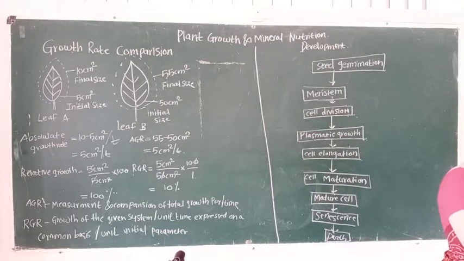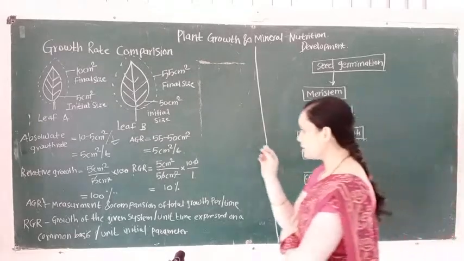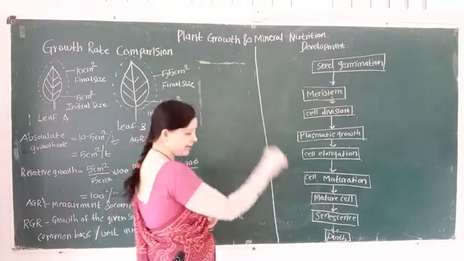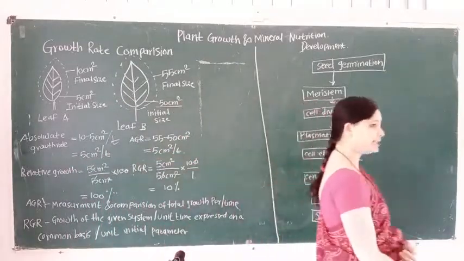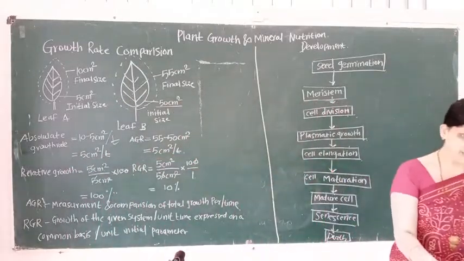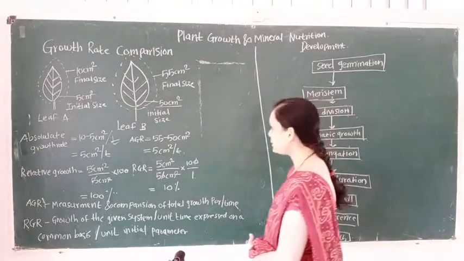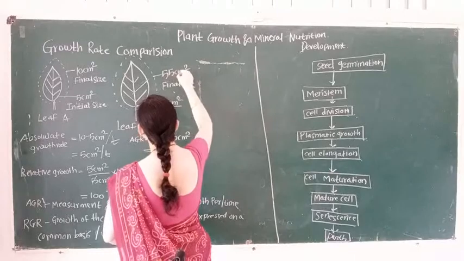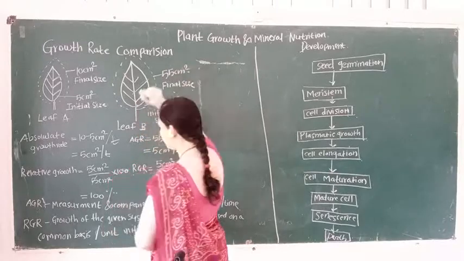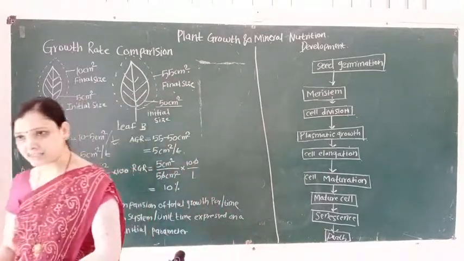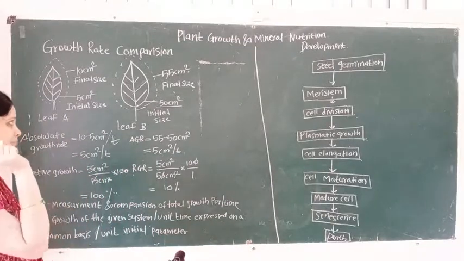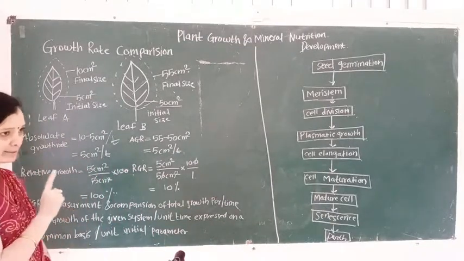In leaf B, the initial size is 50 centimeter square, and the final size is 55 centimeter square.